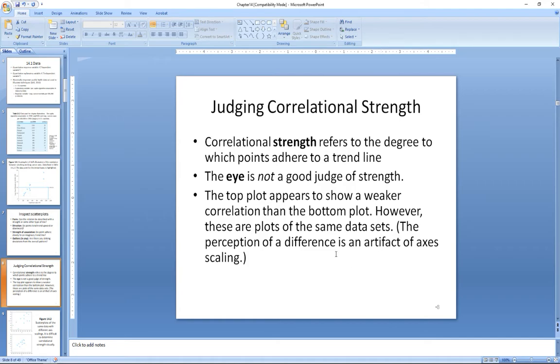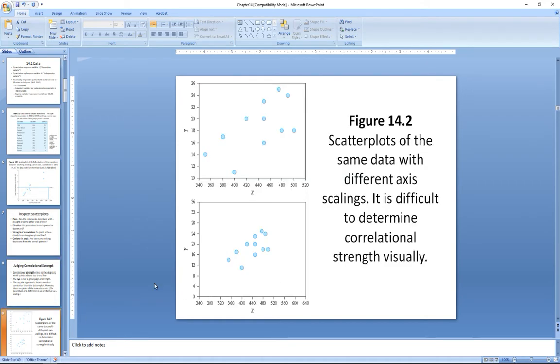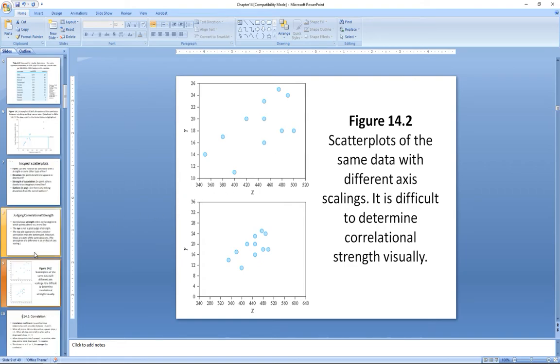The perception of a difference is an artifact of axis scaling. So as you can see, as we move in closer to the data points, our x and y axes are drawn out compared to the other plot, but these are the exact same plots, and so this is why the eye is not a good test, because it would be difficult to determine the correlation between these two plots.